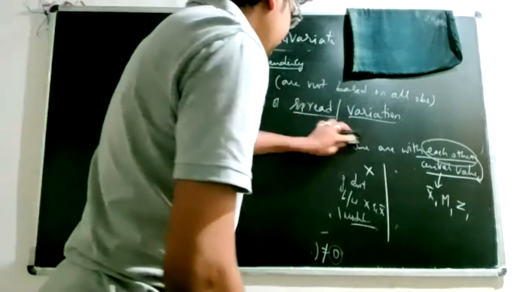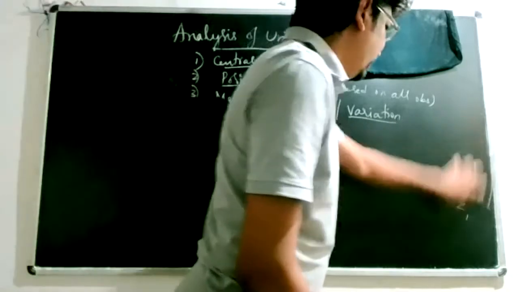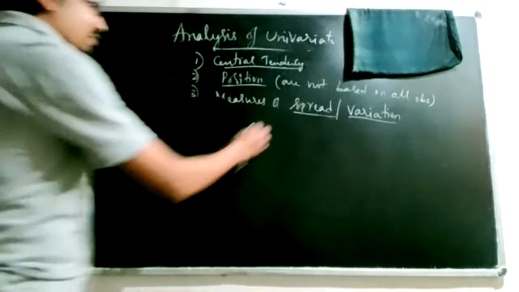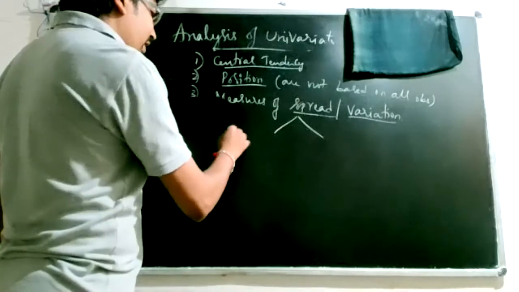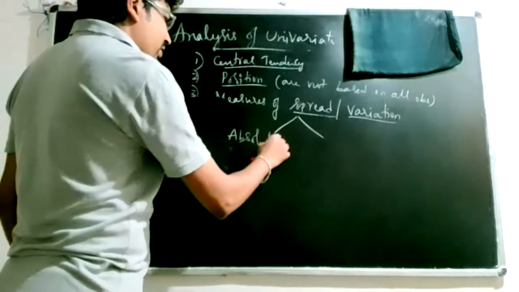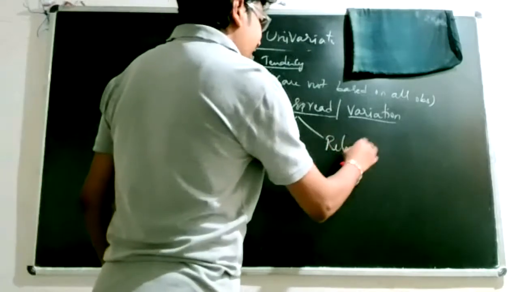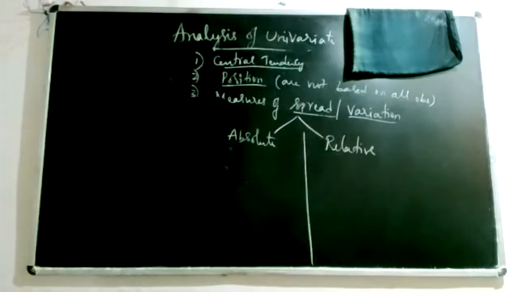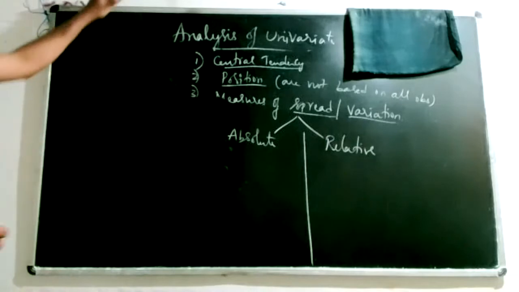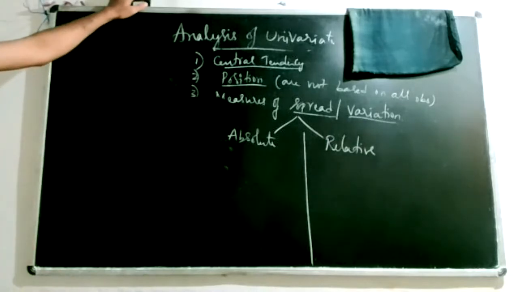But when we look into the various cases or various measures, they are broadly categorized into two cases: absolute measures as well as relative measures. Now, the major difference is that now we are in a situation where we are comparing several distributions.